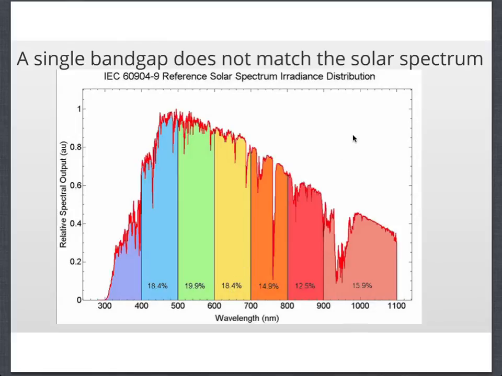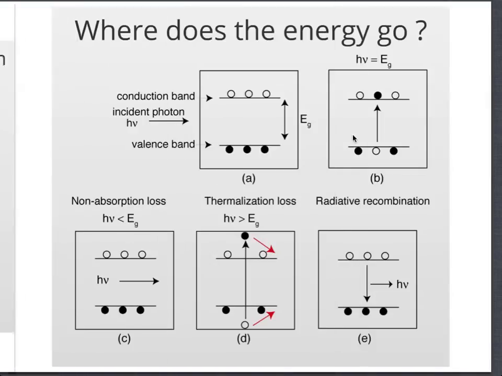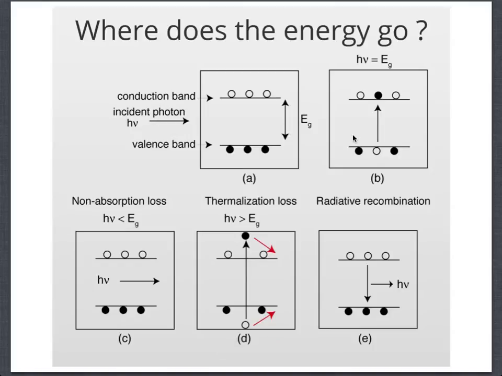So the problem is that solar cells which use a single bandgap material cannot absorb all those photons with the same efficiency. So why can't single bandgap solar cells do that? The answer is here.